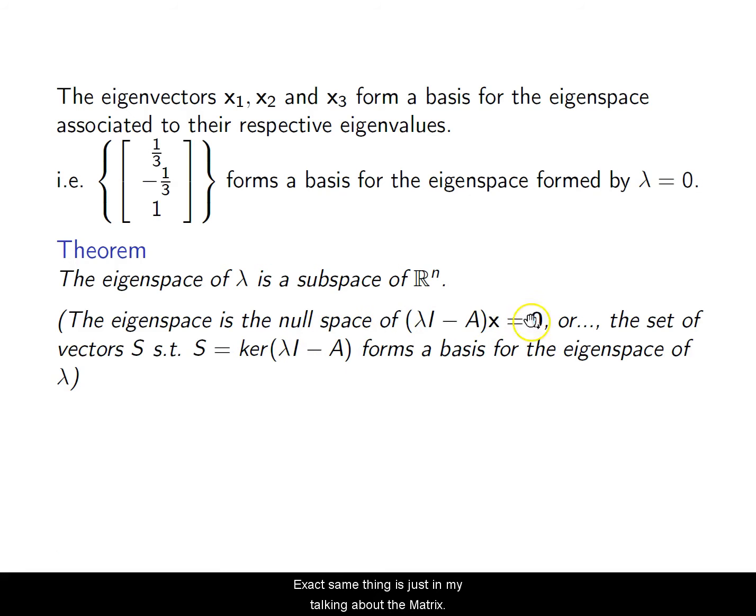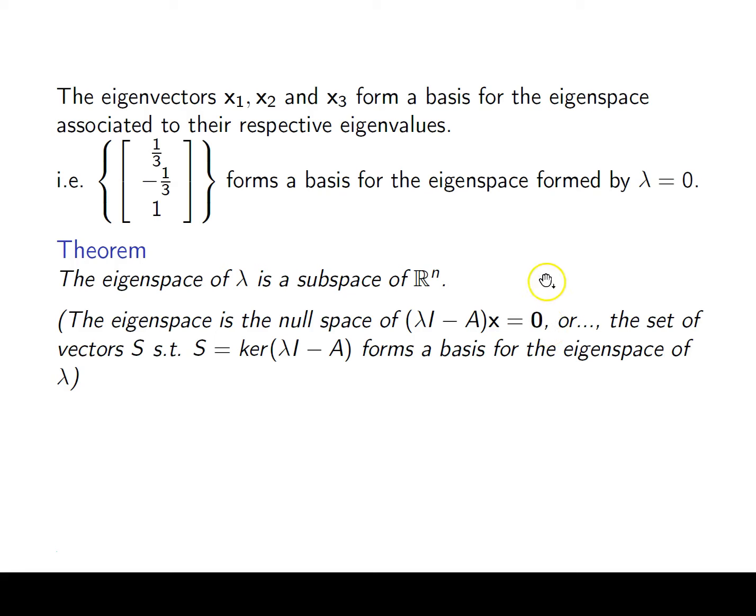It's just, am I talking about a matrix equation or am I talking about a transformation? Remember, a matrix equation is the same as a transformation, right? So this is a matrix times a vector giving you another vector. That's how I think about it in terms of matrices. In terms of transformations, this is my transformation matrix times some vector getting out a result of 0.